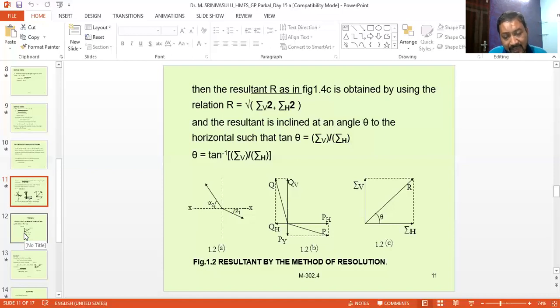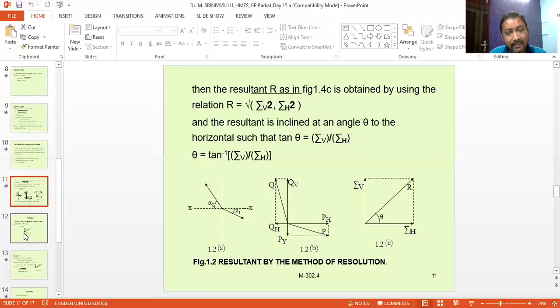And if any component of y is acting downwards, that is in the negative direction of y, it is taken to be negative. So this sign convention we should follow in finding the algebraic sum of either the horizontal forces or the vertical forces.